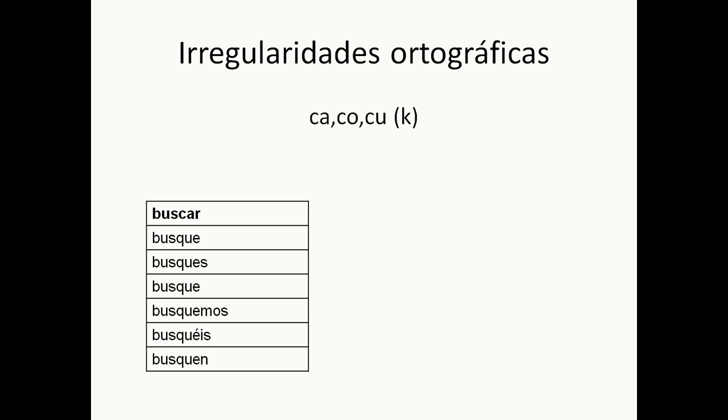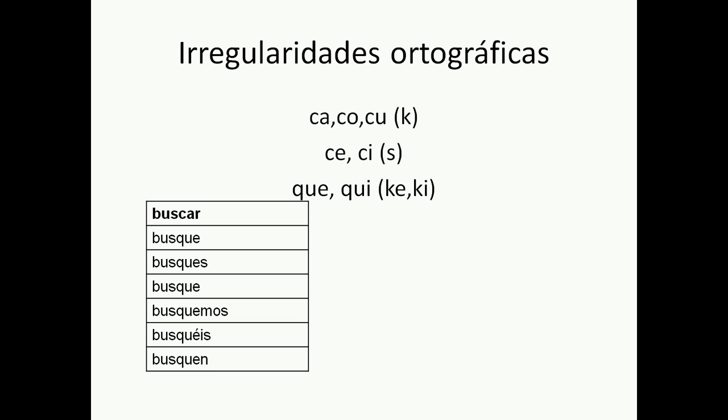As we know, the combinations CA, CO, CU sound K. The combinations CE and CI sound S. The sounds ke and ki are written with Q. Q in Spanish only exists in combination with U and E, and U and I. Everything that sounds ke and ki will always be written with QUE and QUI.